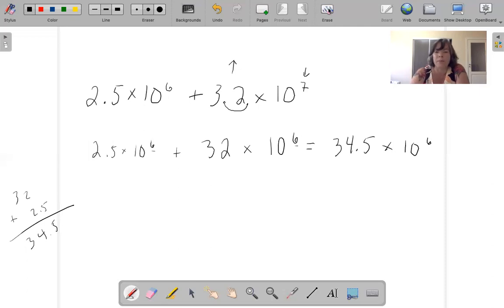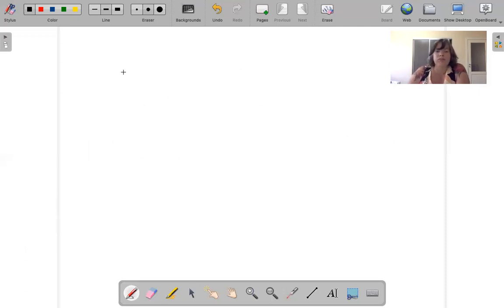Let's do one more. 3.8 times 10 to the 3rd plus 2.6 times 10 to the 4th. Now it's your choice if you want to make this one bigger or this one smaller. It doesn't matter. I'm going to go with making this one bigger. So as this number goes down, this number goes up.